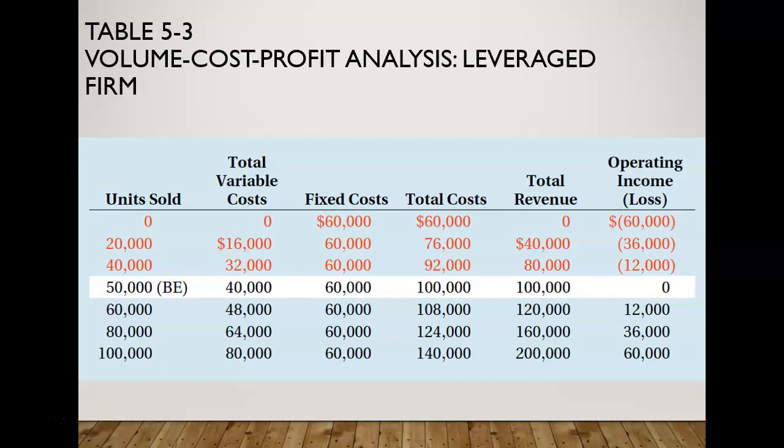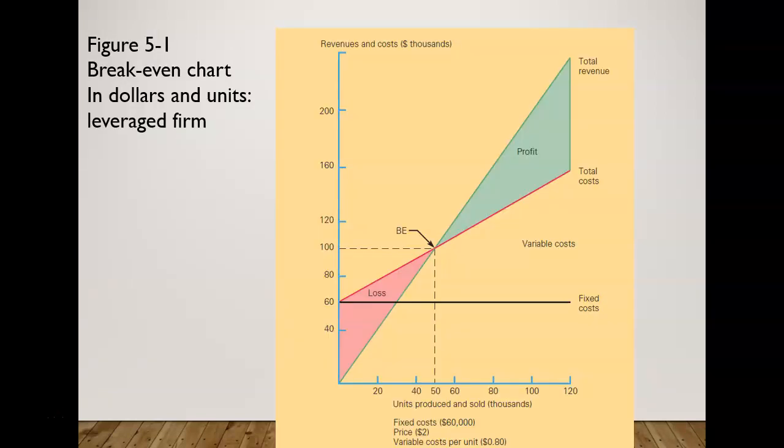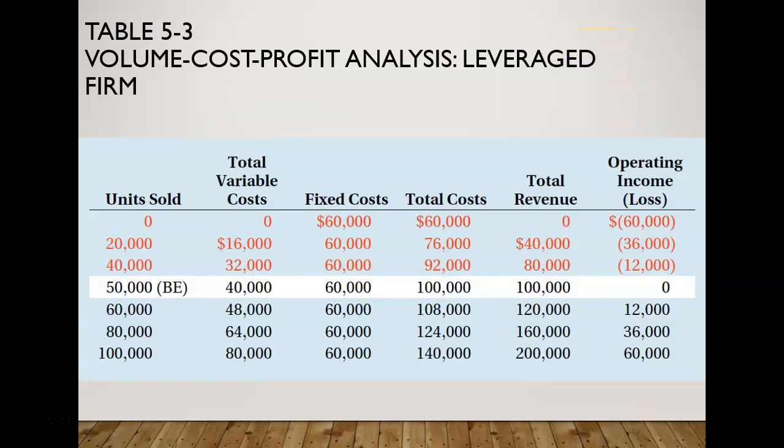So you will see as we increase production or sales, or increase the number of units sold from 50,000 to 60,000, we now start to see profit. And as it continues to increase, the profit continues to grow. This is because we are making an assumption here that this is a linear relationship between profit and sales. So you can see that's why these lines are straight lines, because they represent that linear relationship.